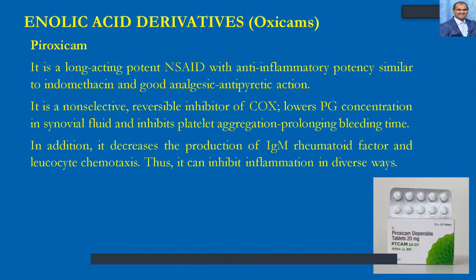So this can inhibit inflammation in diverse ways. The attraction of the inflammatory molecules to the place of inflammation is reduced by piroxicam. That's why it is an analgesic, anti-inflammatory, and antipyretic in nature.